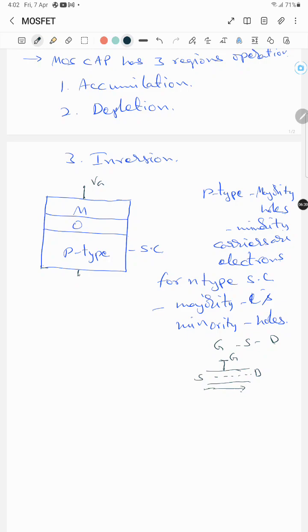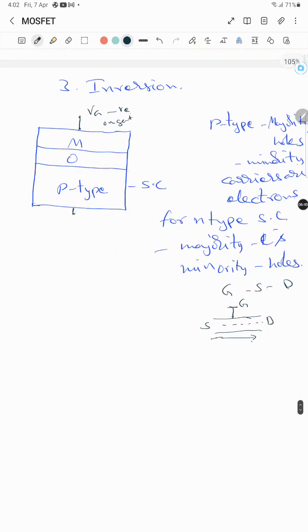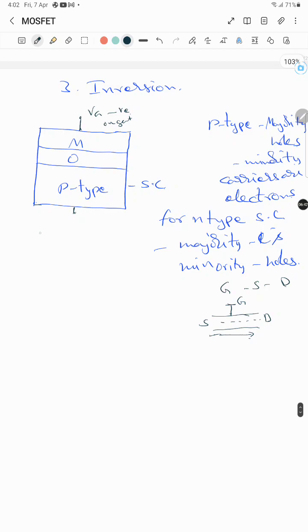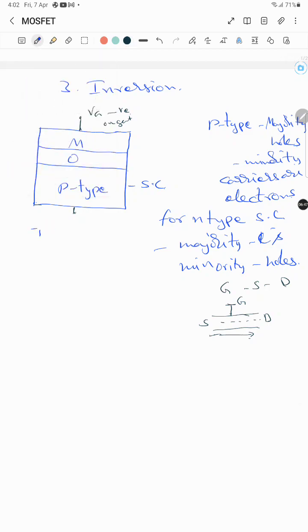Now if I apply a negative voltage on the gate, what will happen? This will polarize the oxide layer.